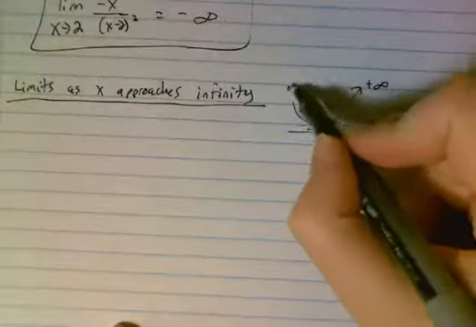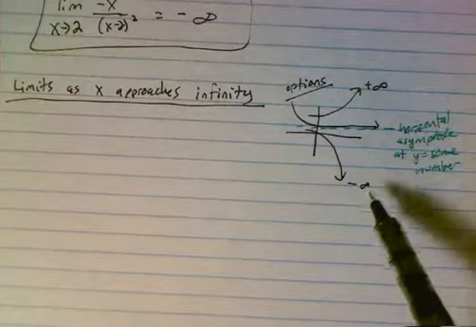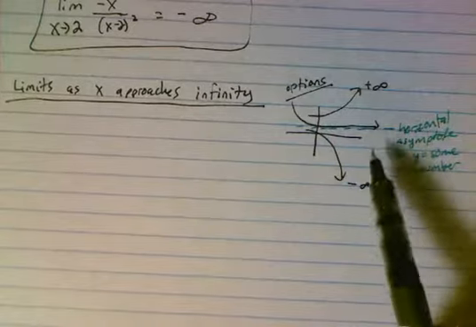These are the three options that we have. The limit could be positive or negative infinity, or it could be some particular finite number.